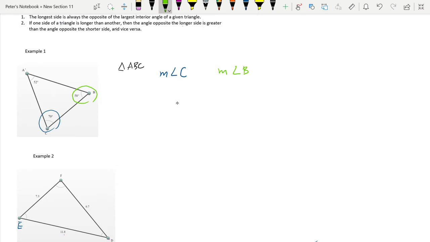So the measure of angle C and the measure of angle B, and then last and least, in this case, is angle A. So if I write down the magnitudes, it will be 70 degrees here, 58 degrees, and then 52 degrees.